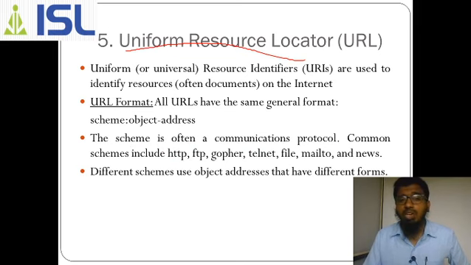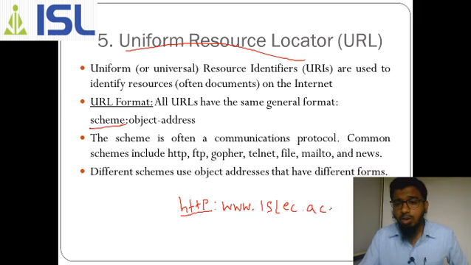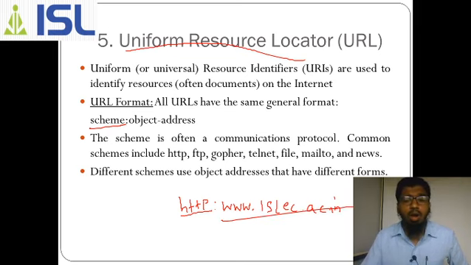Schemes include HTTP, FTP, Gopher, Telnet, file, mailto, and news. So here, take the example of a website, HTTP, like this. This is a scheme. Okay. Now object address. Object address is nothing but like www.islec.ac.in. So this is URL.